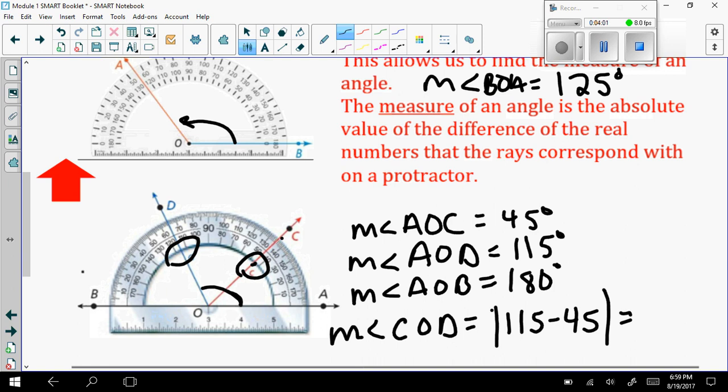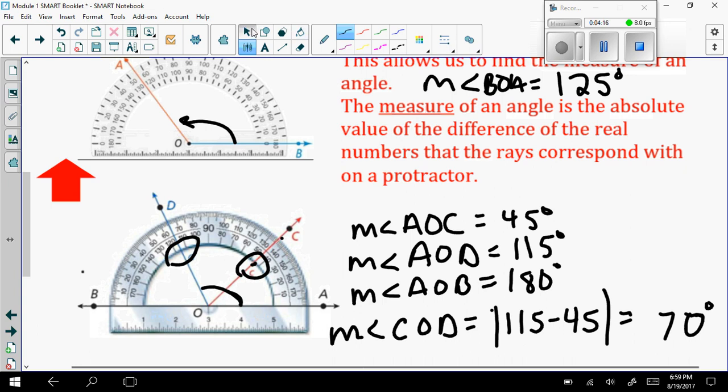And that's positive, so I can just subtract and get 70 degrees. And that is all there is to that.